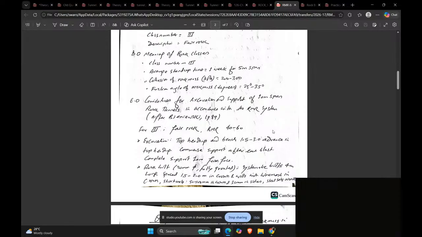Then systematic rock bolts locally installed, with 3 meters length and 2.5 meter spacing, 4 meters, 4 to 5 meters long, with spacing of 1 to 1.5 meters apart in the crown and the wall, systematically installed bolts with 5 to 6 meters length and 1 to 1.5 meters apart, and 100 to 200, 150 to 200 mm crown thickness and 30 mm in sides.